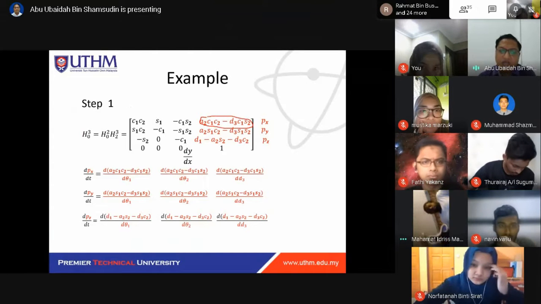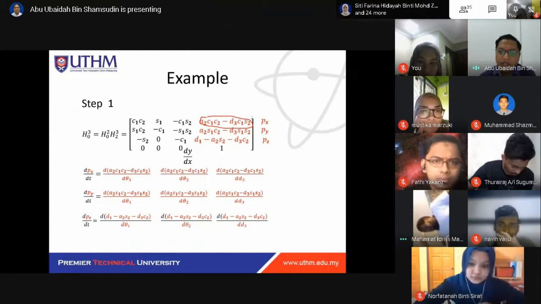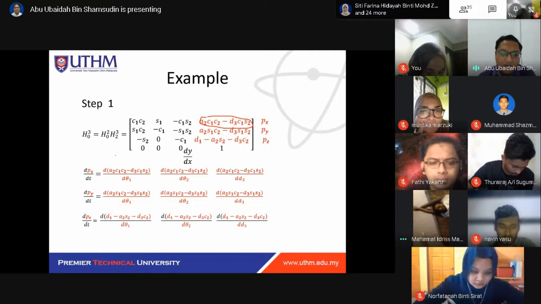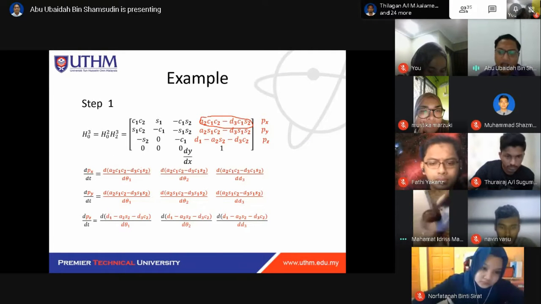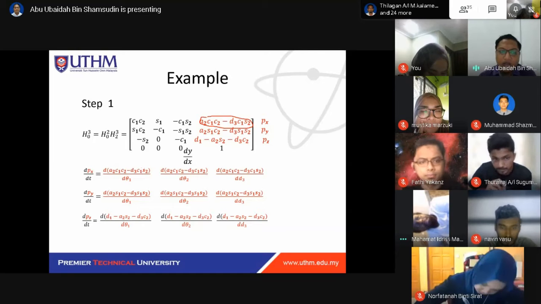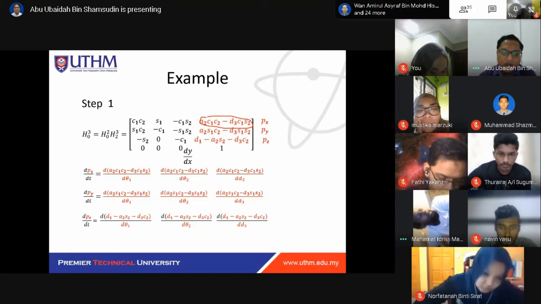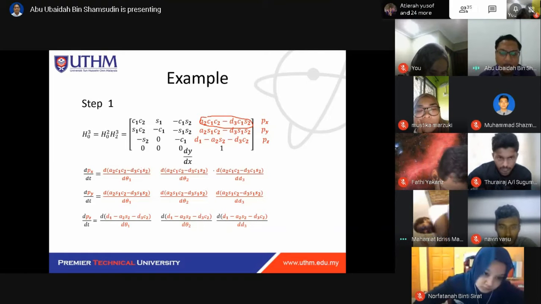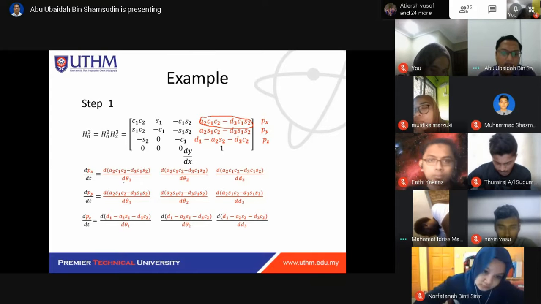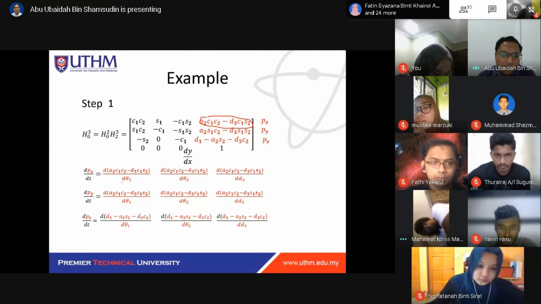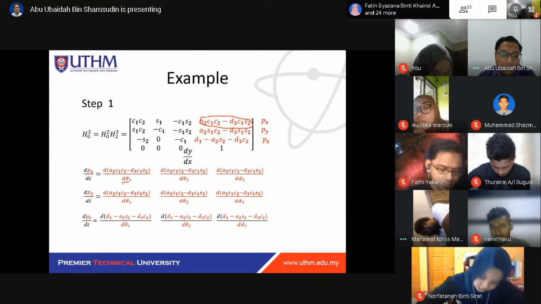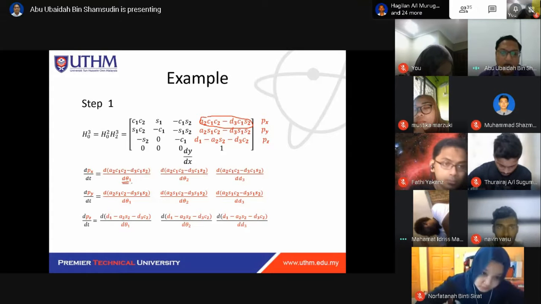So if I want to differentiate my px with dt, I need to differentiate with all the theta, the variable, the moving motor. For our first link we have a rotational motor, so it is theta 1.